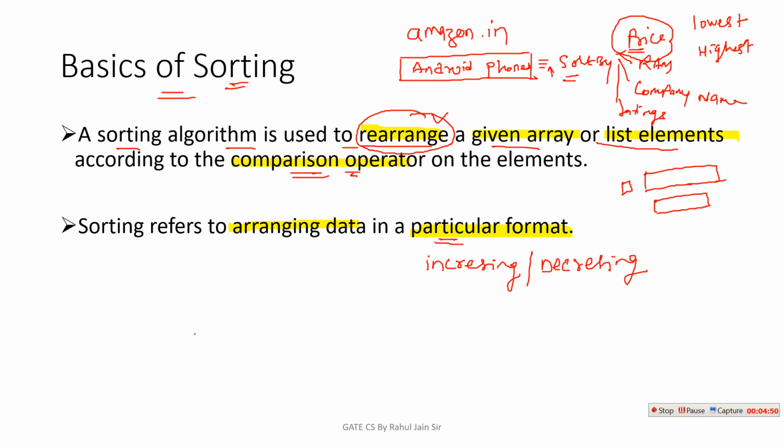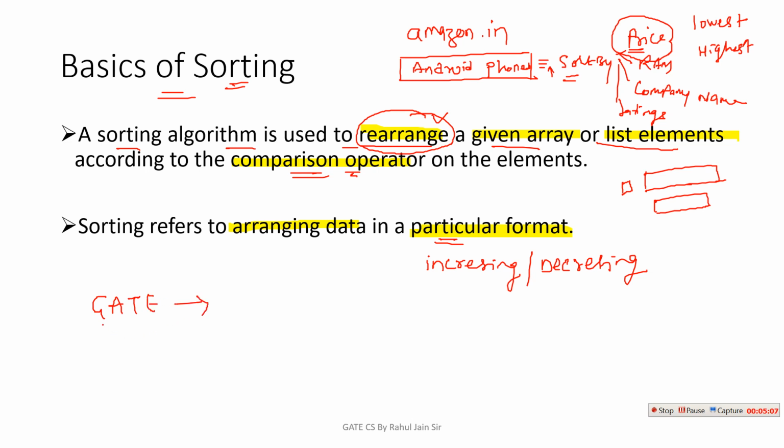Okay guys, if we talk about some technical factors, that is, how GATE can ask, or according to the GATE scenario, for example, a word is given to you, suppose the word GET.